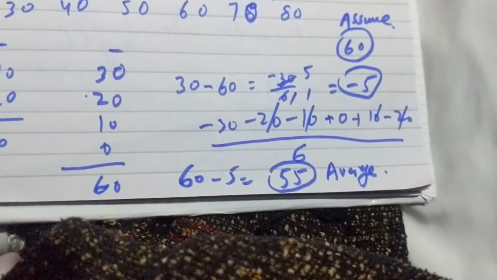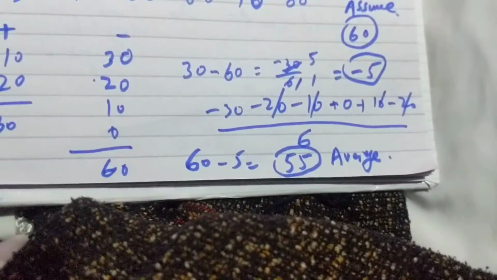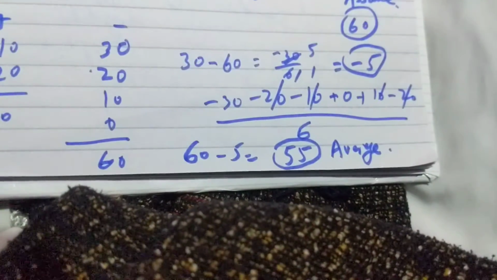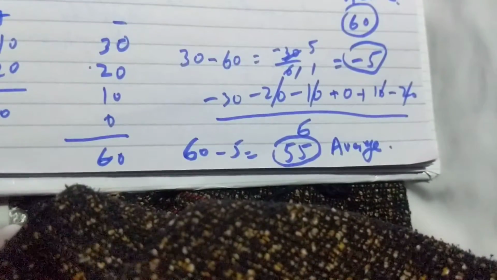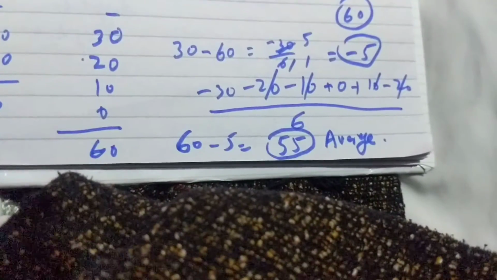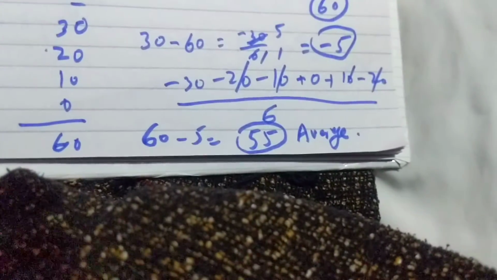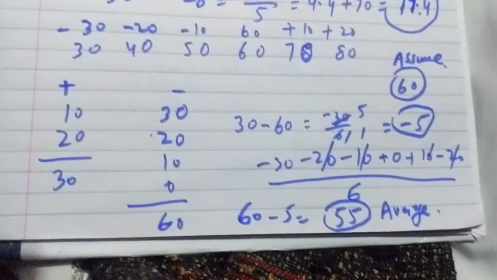So now by subtraction, the assumed value 60 minus 5, the answer is 55, which is the average of this question.